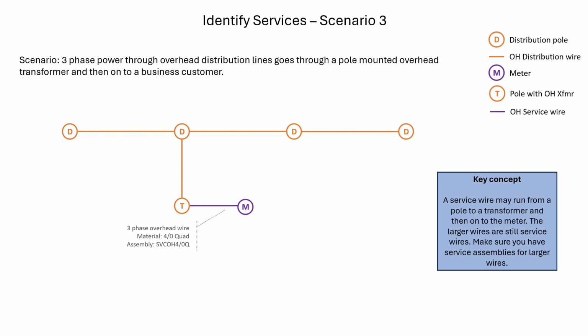So the key takeaway in this example is that a lot of times when a utility is coming up with their list of assemblies, some of the larger sizes of wire don't have services assemblies associated to them.